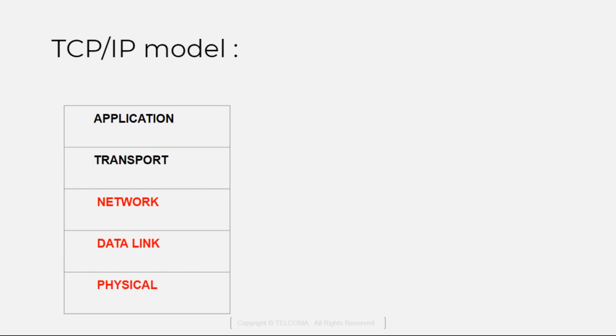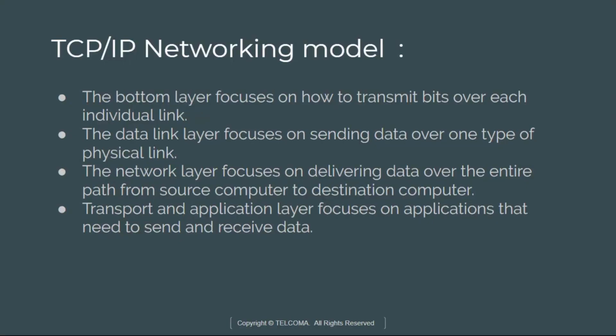This is the networking model of TCP/IP: TCP is Transmission Control Protocol, and IP is Internet Protocol. This model creates a set of rules that allow us to take the computer, plug in the right cables, turn it on, connect and use the network.